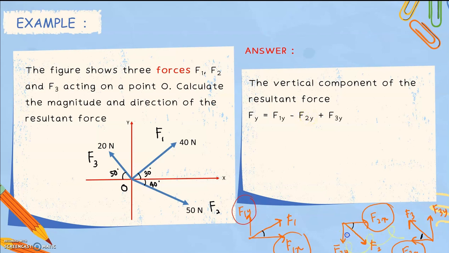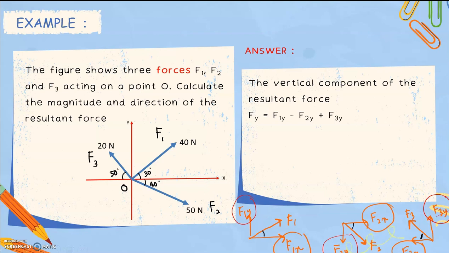F2y is downward, so we put it negative. And F3y is situated upward, so it has a positive sign.